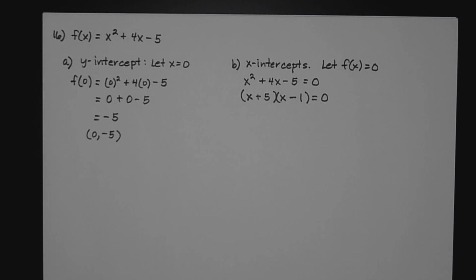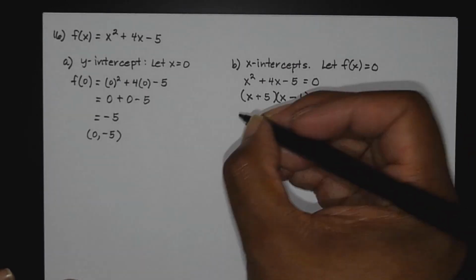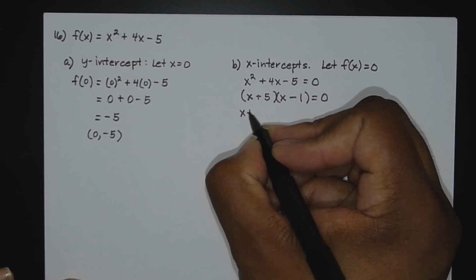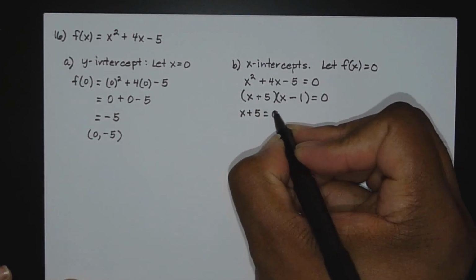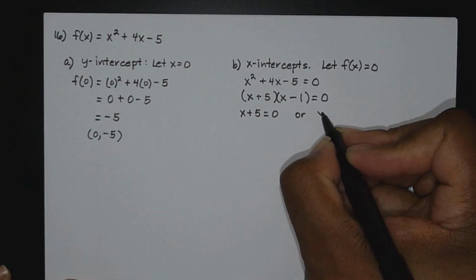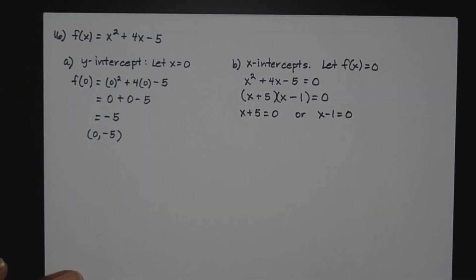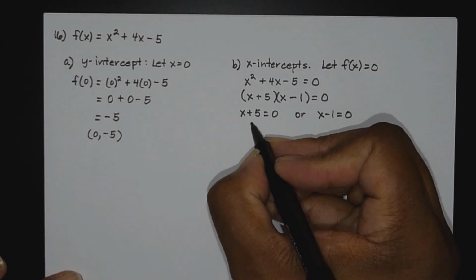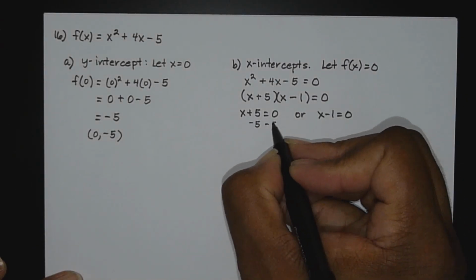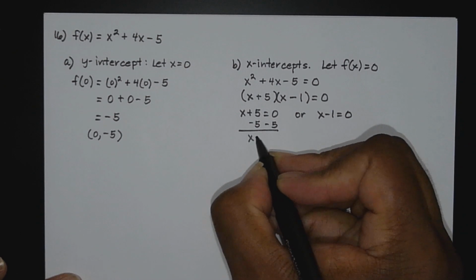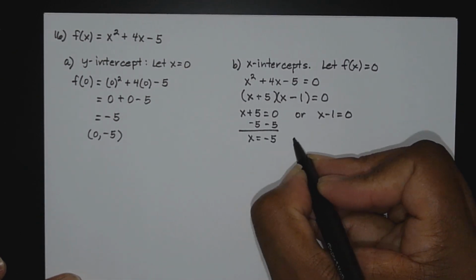Then we set each binomial factor equal to 0, so I have x plus 5 equal to 0, or x minus 1 equal to 0. For each equation, we'll solve for x. For x plus 5 equals 0, x is equal to negative 5.